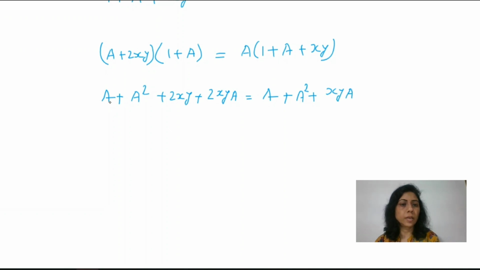Here a and here a cancel out, and a square cancels out, which means both sides subtract a square.